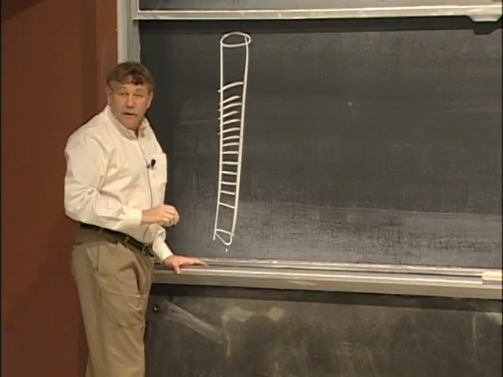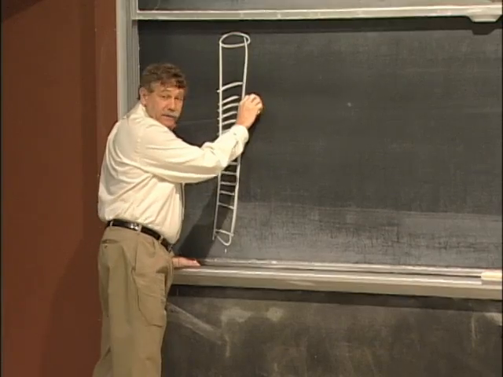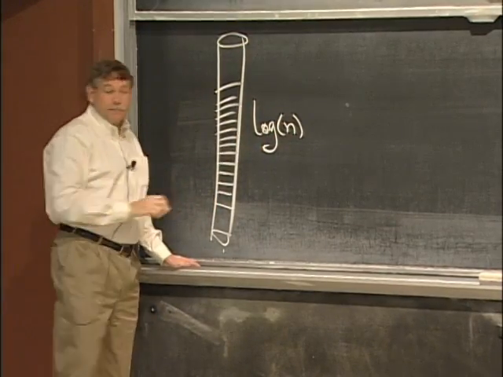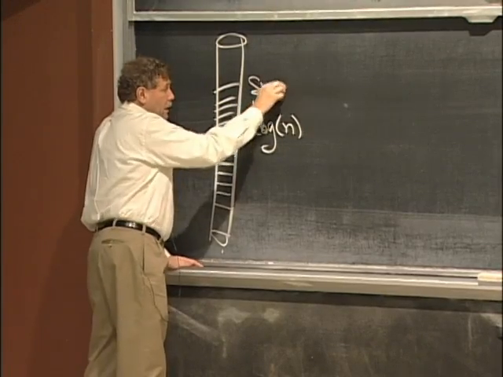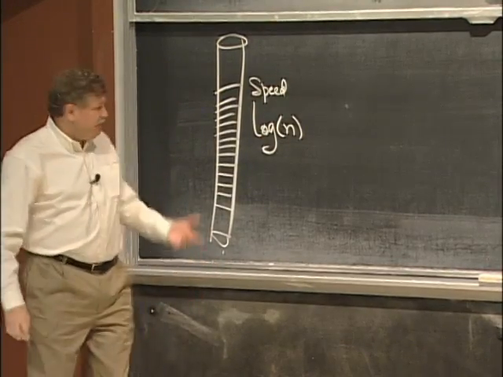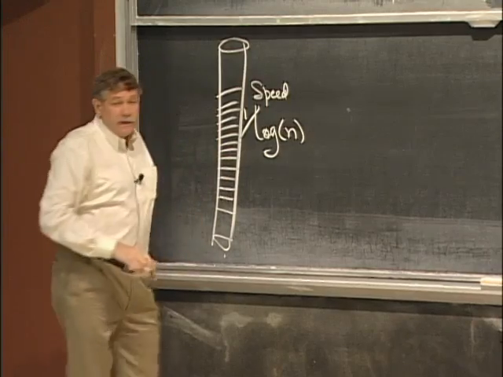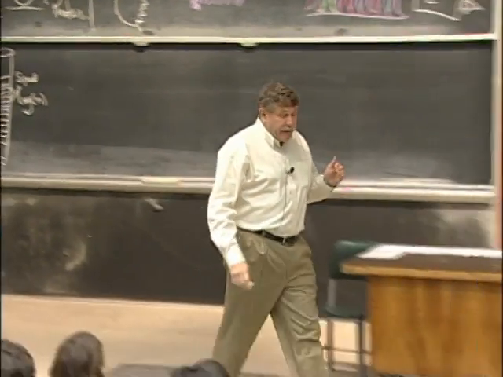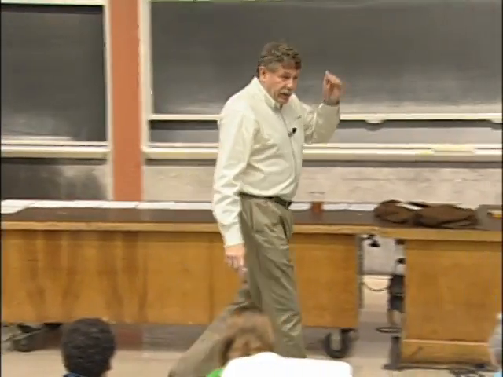The speed of migration depends on the logarithm of the length of the fragment. It's inversely proportional to the log of the length of the fragment. So big fragments go slower, and as they get bigger and bigger, they go slower and slower.